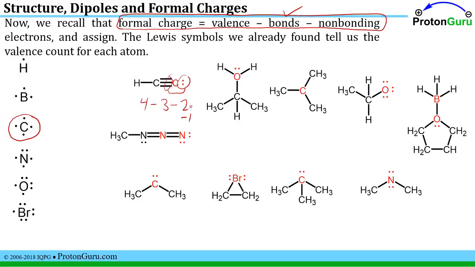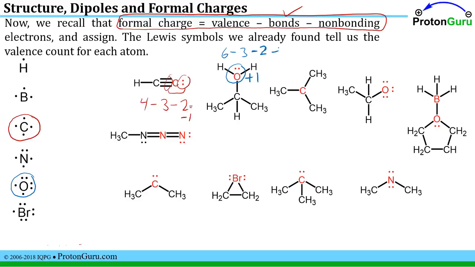And you can go through and do this for all of these. So let's illustrate at least one example for each of the atoms we have featured here. So here's an oxygen. Oxygen has 6 electrons around it in its Lewis symbol, 6 valence, minus how many bonds does it have? 3, minus these 2 non-bonding electrons that are here as a lone pair. So 6 minus 3 minus 2 equals plus 1.